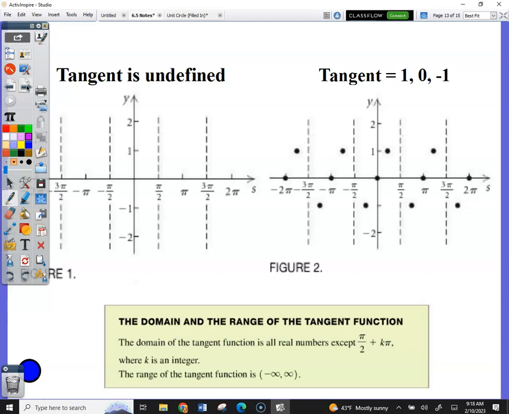So tangent is undefined here on these asymptotes. Tangent is 1, 0, negative 1 on these points. This is just separating those values and showing you where that's happening. They're not superimposed on the same graph, okay? And that all comes from tangent's y over x.